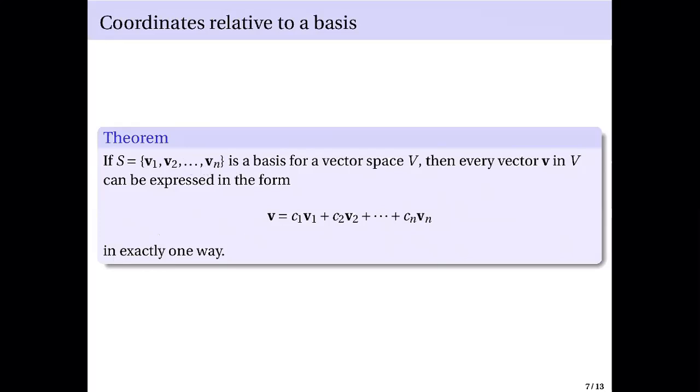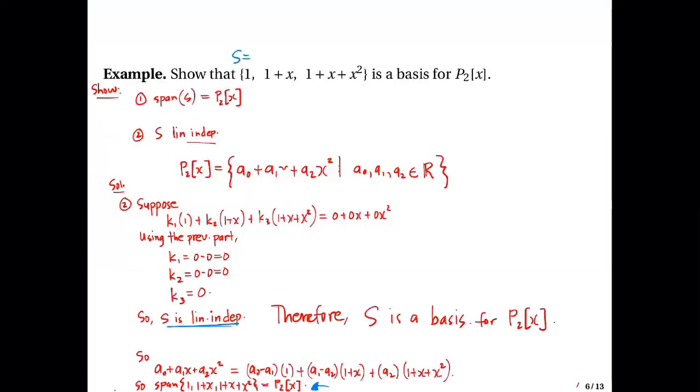Okay? Example, I erased it here, but I had an example where I think it was 3x squared minus 1. And I was able to write this as negative 1 times 1 plus, I think, negative 3, 1 plus x.